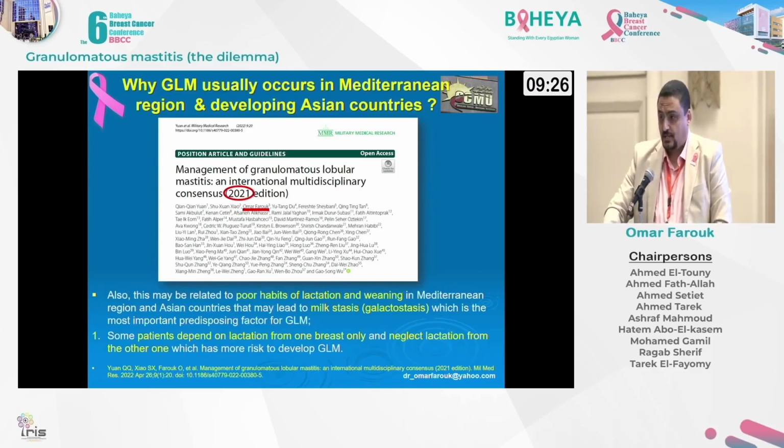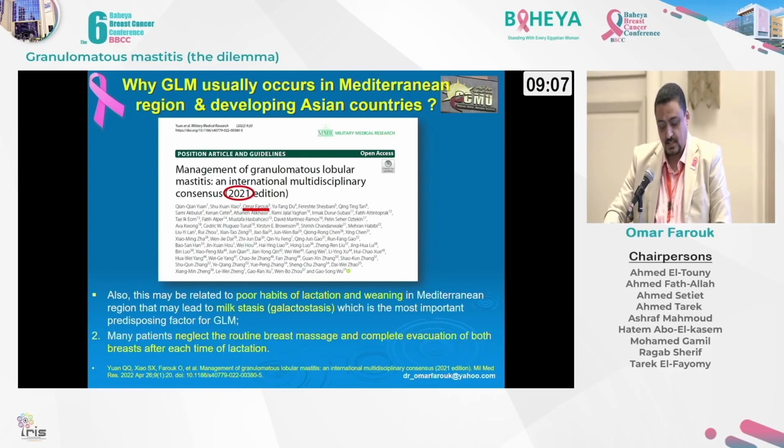Regarding the lactation habits, we have noted that the poor habits of lactation and weaning in Asia and in our locality in the Mediterranean may lead to milk stasis or galactostasis. For example, patients depend on lactation only from one breast and neglect the other breast, which is more risky to develop the disease.